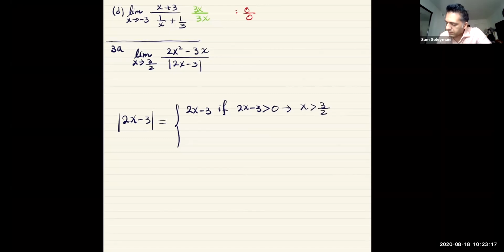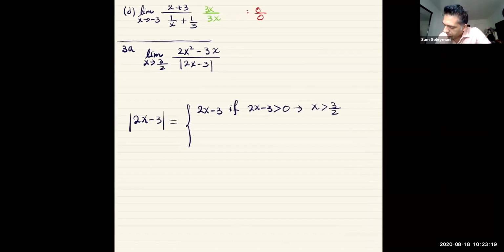And absolute 2x minus 3 is the negative of 2x minus 3 if 2x minus 3 is negative, or if x is less than 3/2.